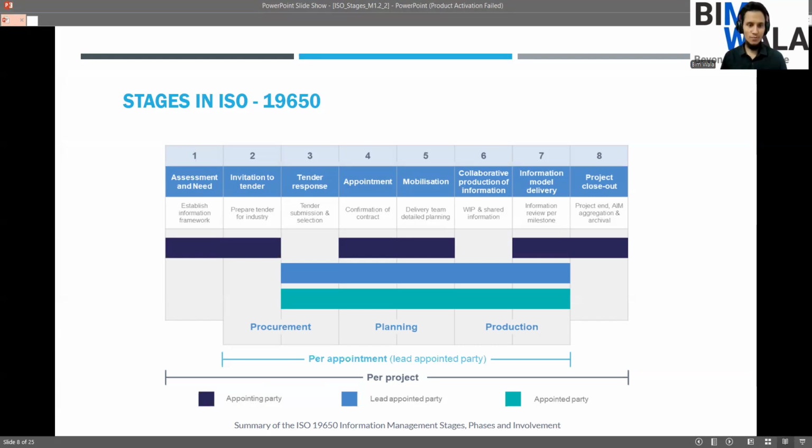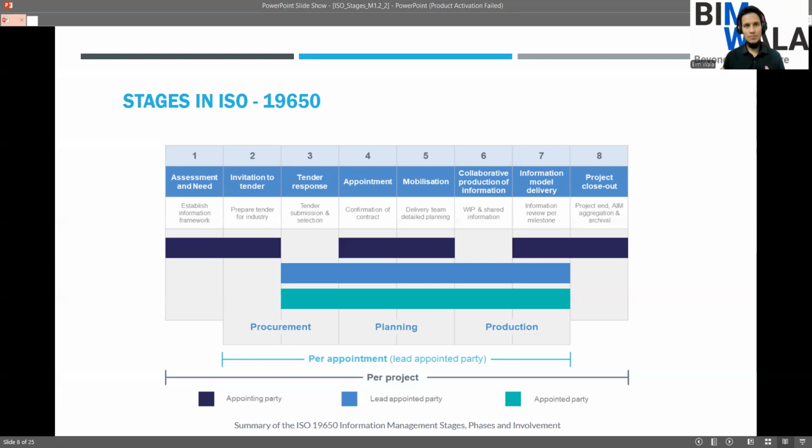First of them is assessment and need. It says establish information framework. That means an organization or a client would analyze the need of BIM implementation and frame some information.